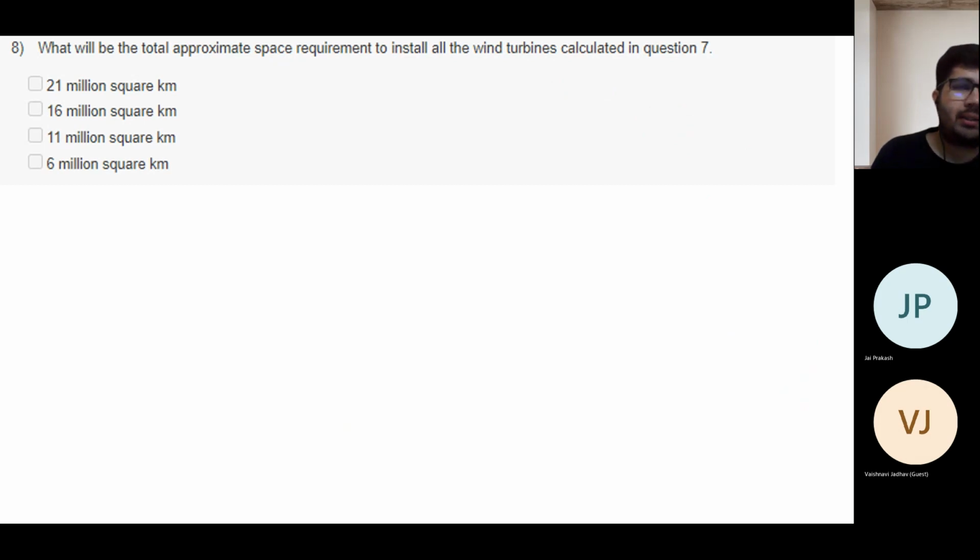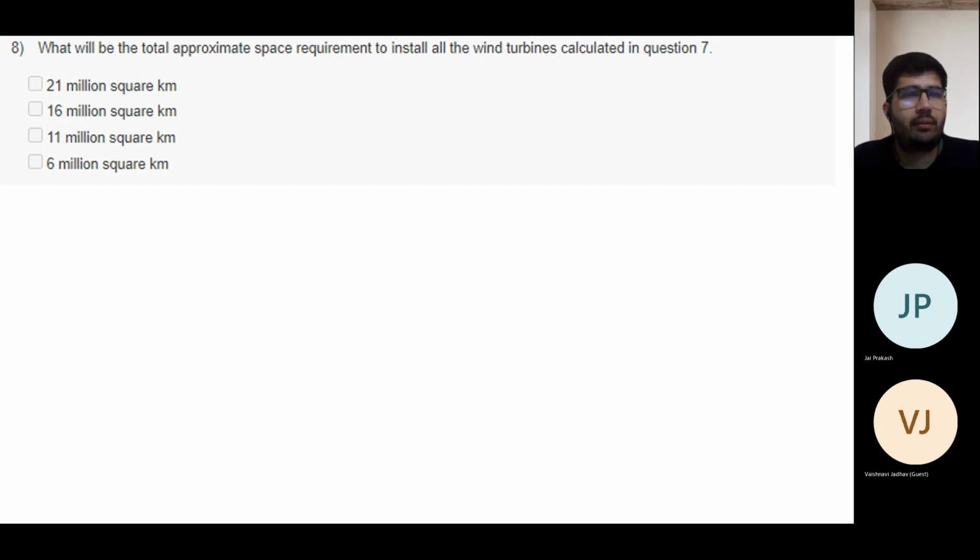In one of our slides, we have seen the basic space requirement for one turbine. Based on that, try to find out the answer. Take another 5 minutes to solve this. Let me know if you need any hint.